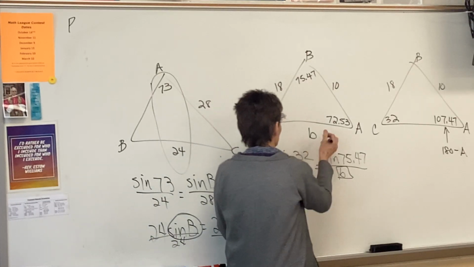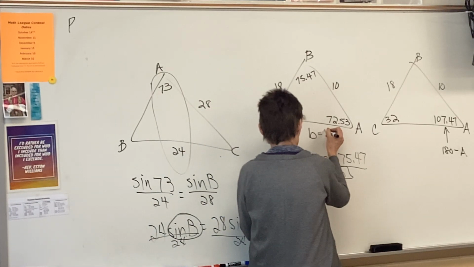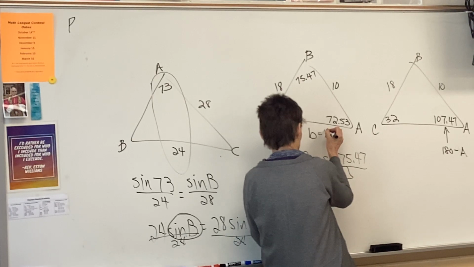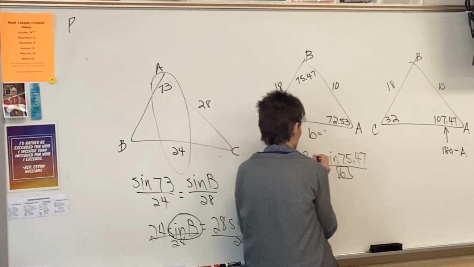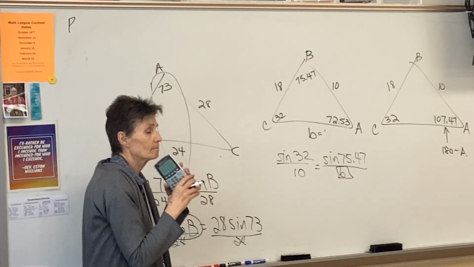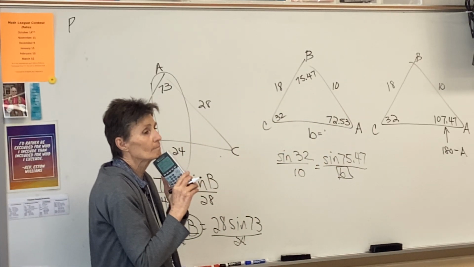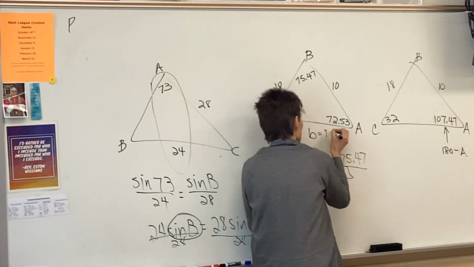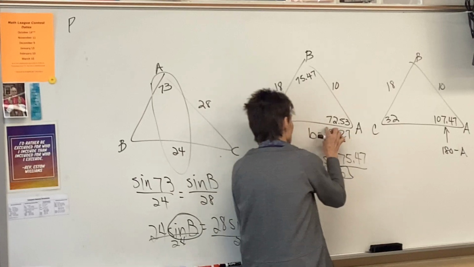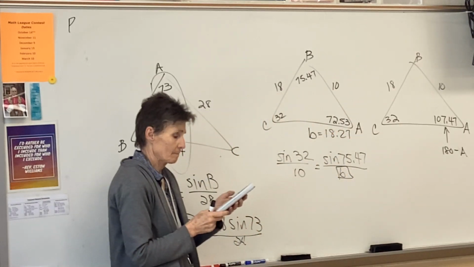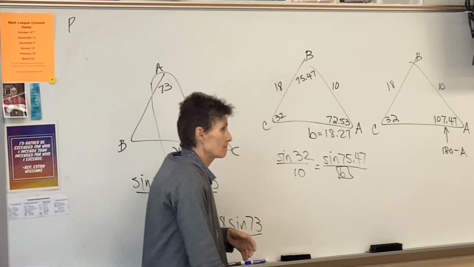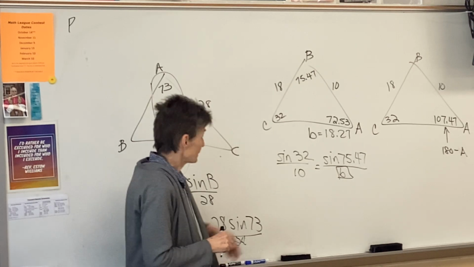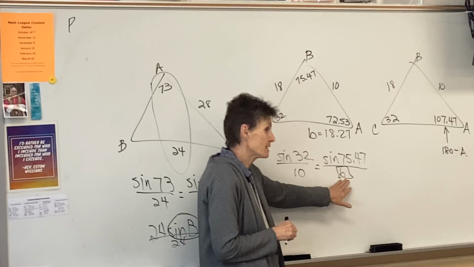What'd you get for B? That's what I got. Thank you. Why did we do second sine again? Because B is your variable, not sine B.